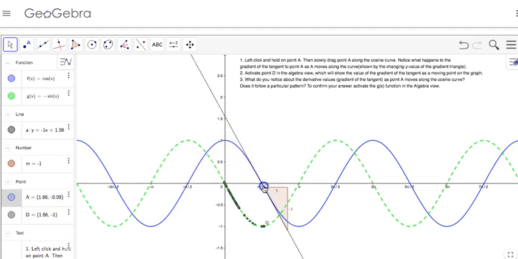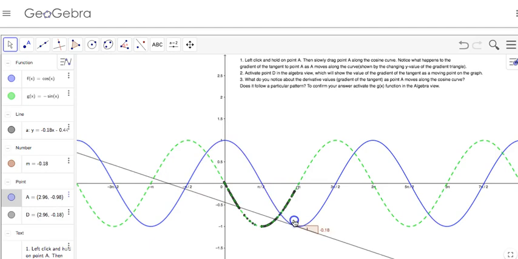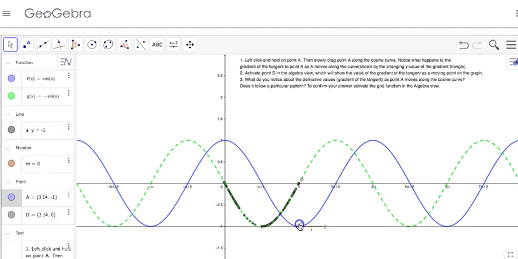Down here, we're expecting the gradient to be negative 1, and it is. So the gradient here is negative 1. You can see the rise over run, okay? And on the green curve, you've got 1.57, which is pi on 2, negative 1. Now tell me, gradient's still negative, isn't it? See how the cos curve is still negative down here? And then the gradient here is 0. And so the green curve is not cos anymore. What is it?